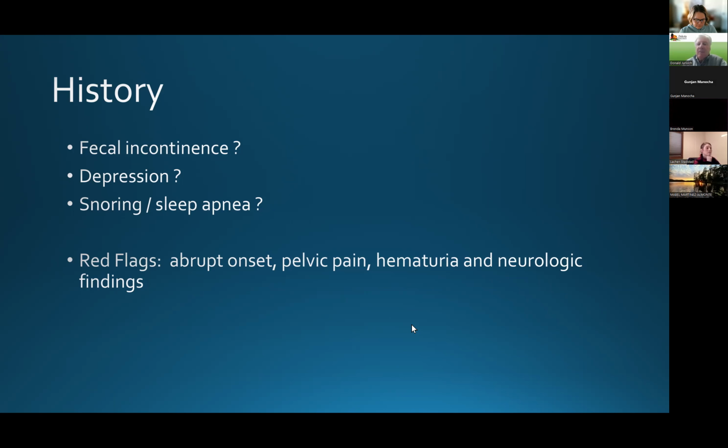You also want to ask about depression and obstructive sleep apnea, which can also compound urinary incontinence. So again, the red flags are abrupt onset of urinary incontinence, and any level of pain, back pain or pelvic pain, is an important consideration for a red flag.